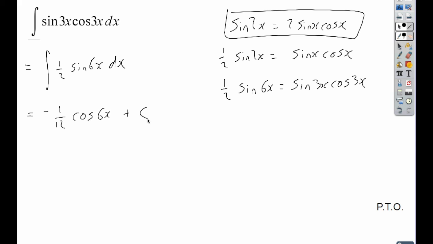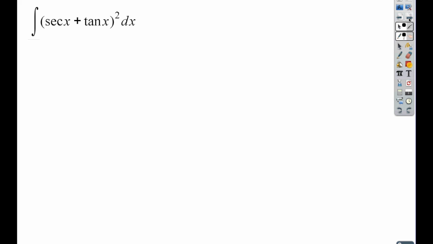As I said, if you're not sure about why you've got the negative 12th there, just go back to some of the previous sections, because by now that has got to be common knowledge. Right, moving on. The next example is this one here, sec x plus tan x all squared. Here's a tip for you: when you have an integral like this, you're going to need to expand the brackets.